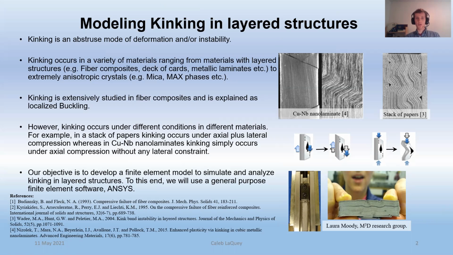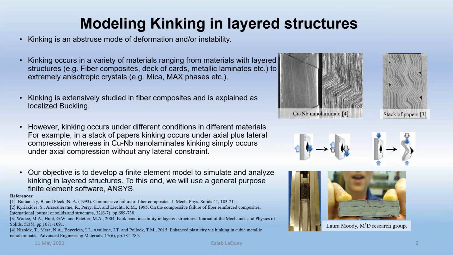So kinking can occur in a variety of materials and a variety of situations, ranging from layered structures, for instance, fiber composites, to a deck of cards, to metallic laminates, and it can also be used in different crystalline layered structures.